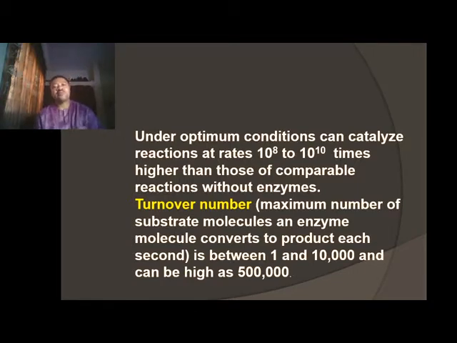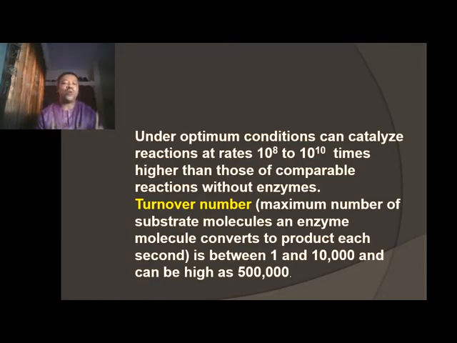Now, one term that is used in describing an enzyme is the turnover number of the enzyme. By the turnover number, we mean the maximum number of substrate molecules that a particular enzyme molecule can act on and convert to product each second.